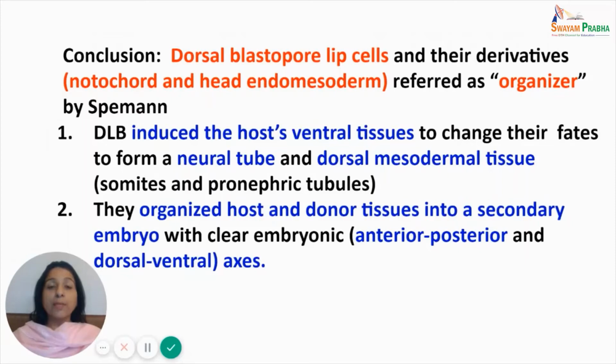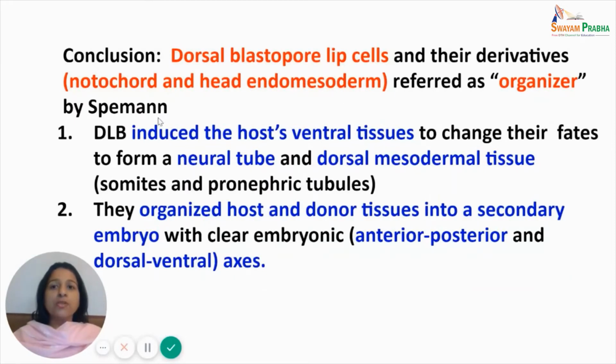So Spemann and Mangold derived from their experiment that there was only one tissue in the gastrula which was autonomously derived, which had the capacity to undergo self-differentiation, and that tissue was the dorsal blastopore lip cells. So they called this dorsal blastopore lip cells and their derivatives, that is the notochord and head endomesoderm, as organizer tissues.